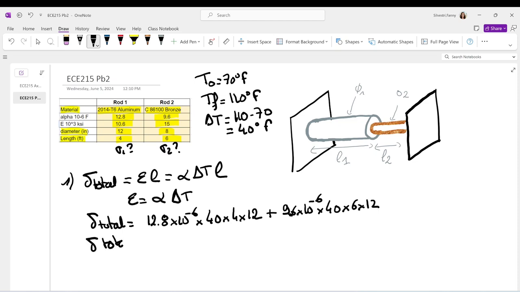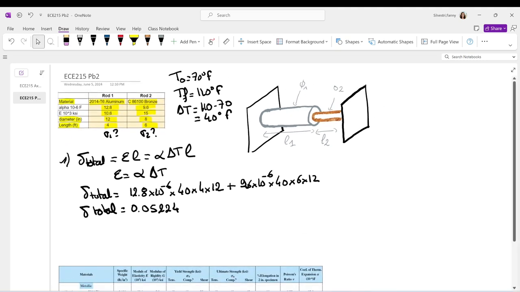The delta total is small: 0.05224 inches. I know it's not expanding because it can't, but that's what it would expand if there were no wall. We still need to find that value.